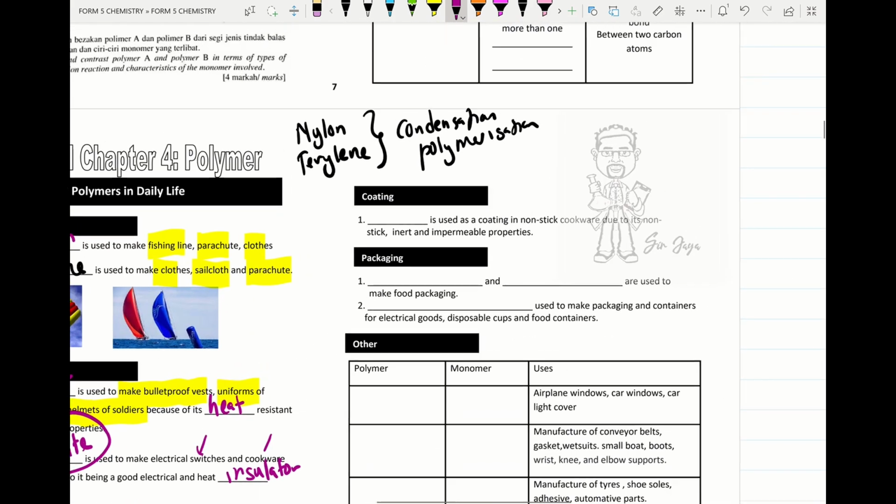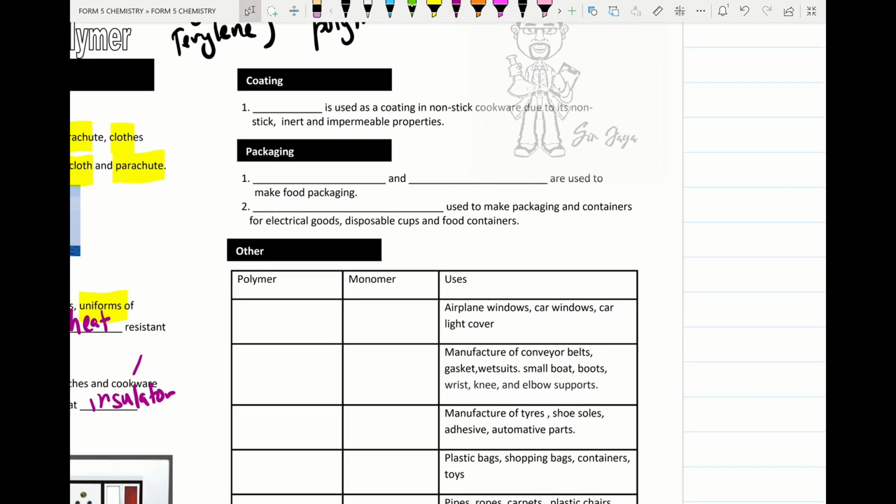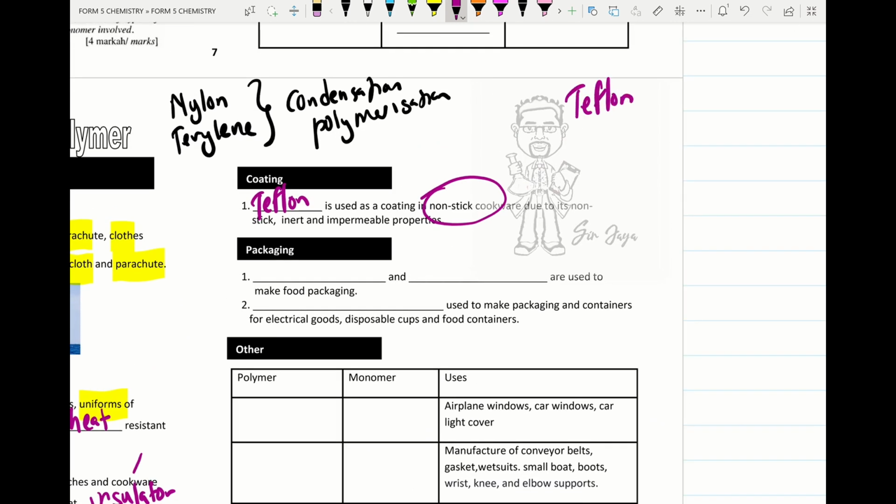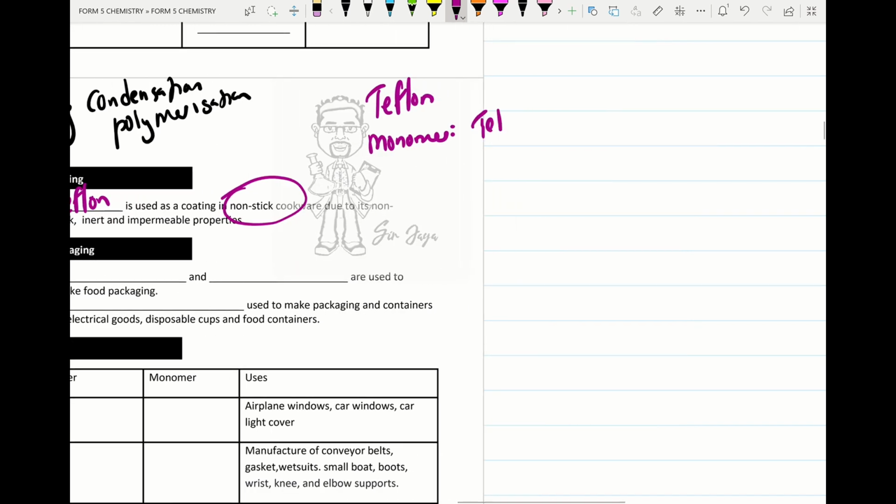All right. So we move on to the next part, undercoating. Non-stick cookware is made up of Teflon. Please remember Teflon. The monomer name of Teflon is known as tetrafluoroethene. The structural formula of tetrafluoroethene has C2 with four F, tetrafluoroethene.